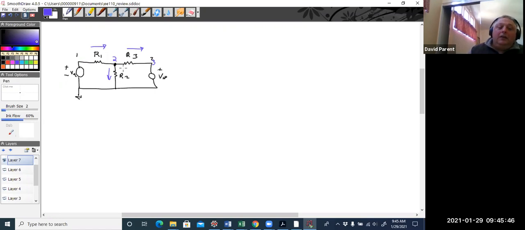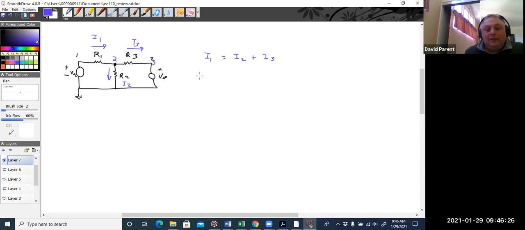All right. So we have I1, I3, and I2. And the currents coming into the node have to equal the currents coming out of the node. So I1 is coming in, and we're assuming I2 and I3 are leaving. Okay, so that's the first thing done.